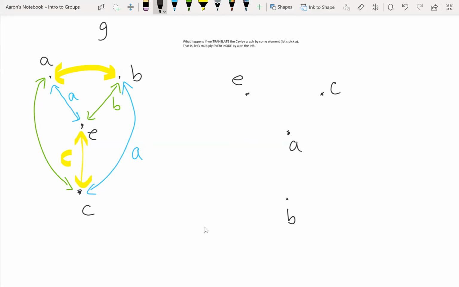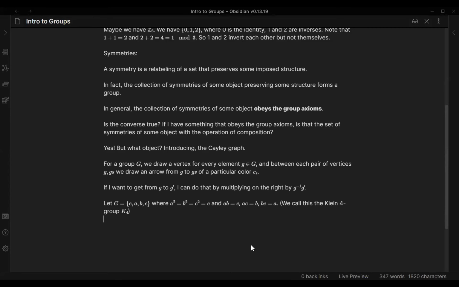Yep, makes sense. And now we look at this. A goes to the identity and back by A. Notice that I'm using blue to indicate A. Likewise, B and C go back and forth between each other by A. This blue means A. And the identity and C go back and forth by C, and likewise A and B go back and forth by C. Again, we're just applying the multiplication rules that we stipulated for the group.